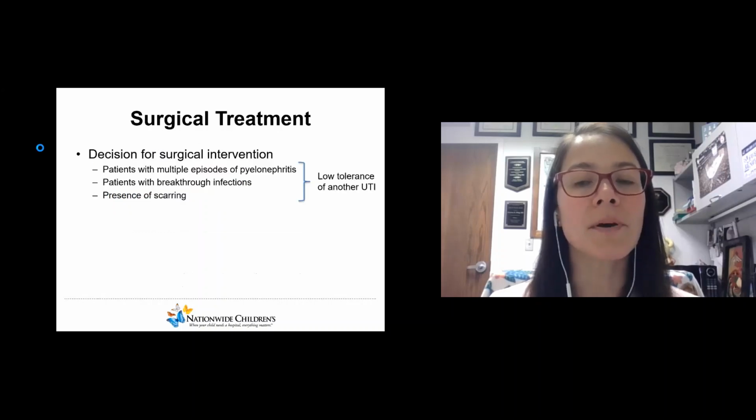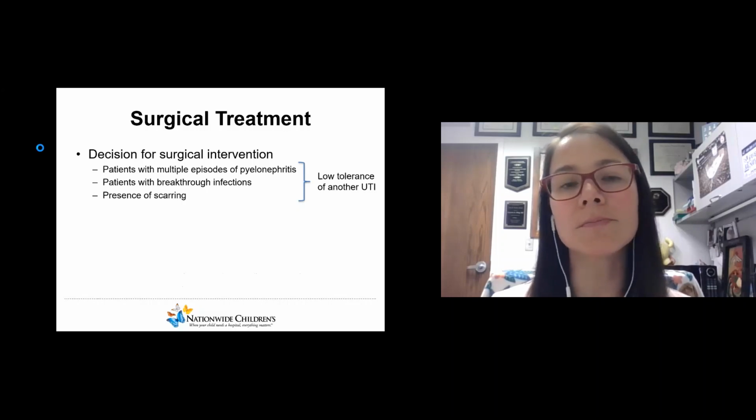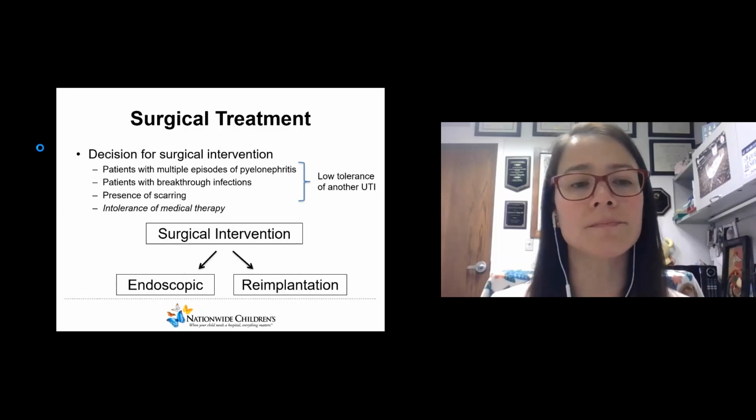So when you're thinking about who needs surgery, it's important to basically group those with the lowest tolerance of having another infection. And those include patients with multiple episodes of pyelonephritis, patients with breakthrough infections, and those who have scarring already. And I'd also add probably a group that is intolerant of medical therapy.